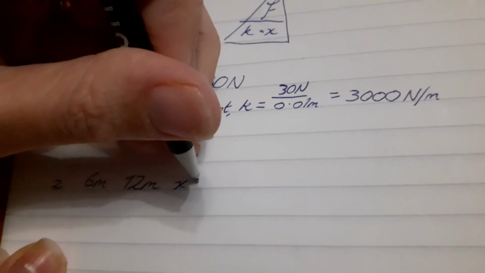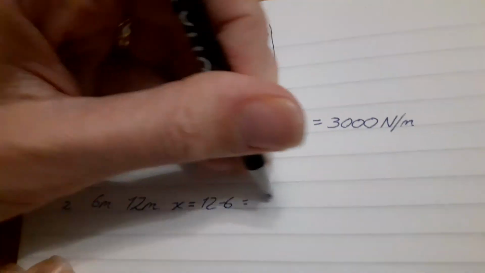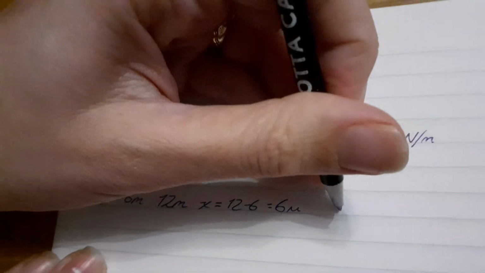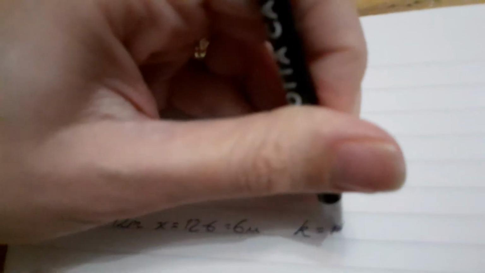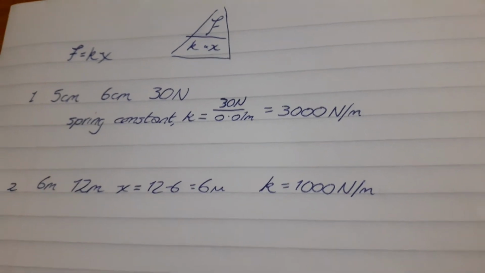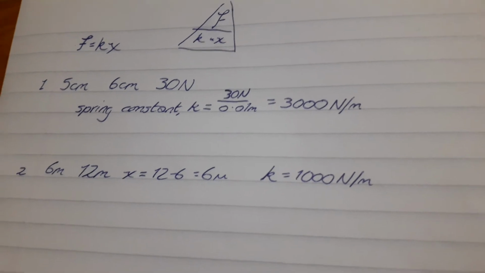Okay, so x would be equal to 12 minus 6 equals 6 metres. Okay, and we know that our spring constant is 1000 newtons per metre.